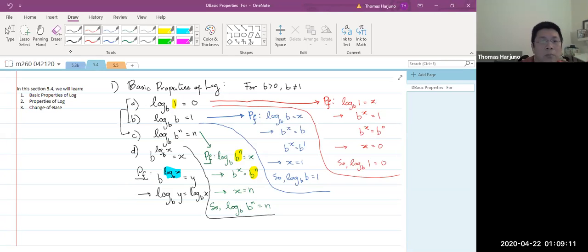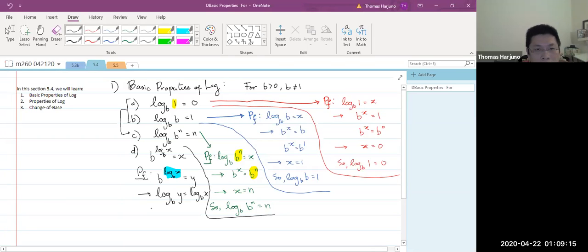Now, we also know that the log function is one-to-one. So log of one thing equals log of another implies the two things are equal. So b to the log base b of x is equal to y, which is x.